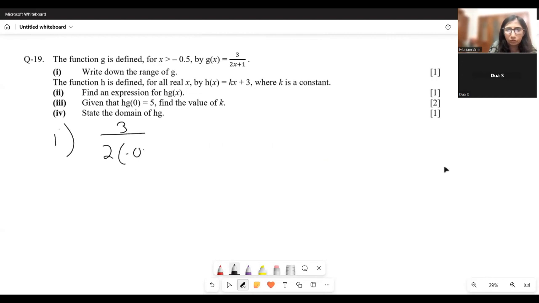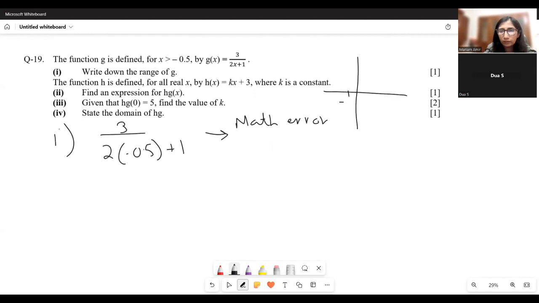If we have -0.5 here plus 1, we get math error. We are looking at the boundary value. That means its graph at -0.5 is at infinity, so it comes down probably like this.